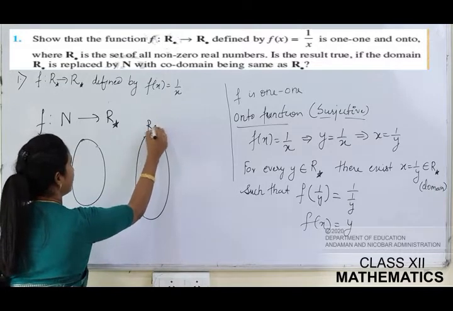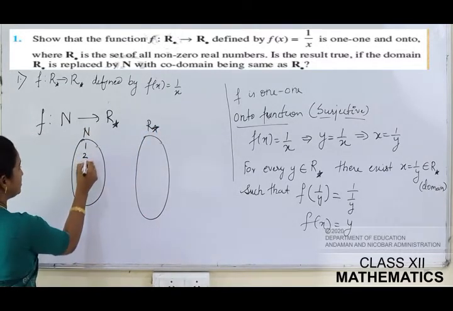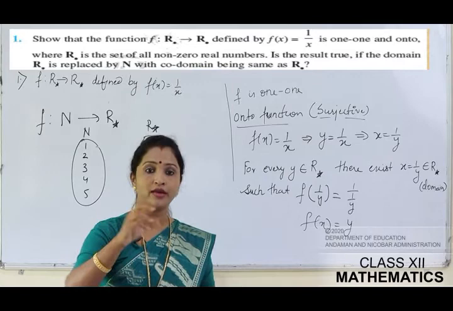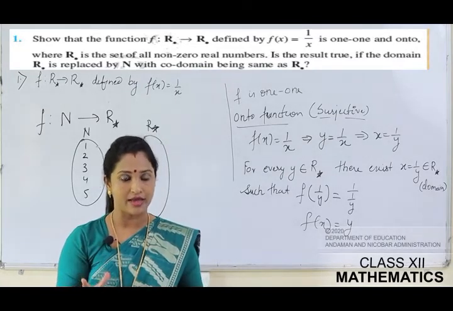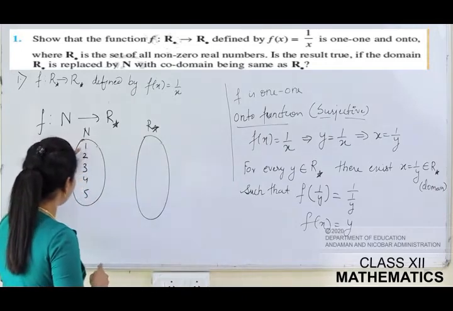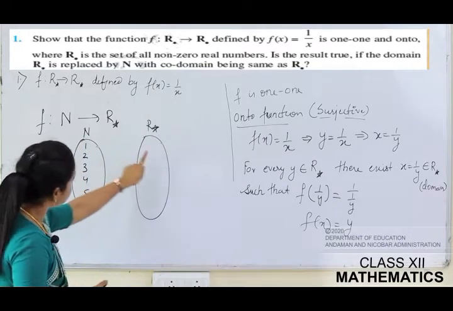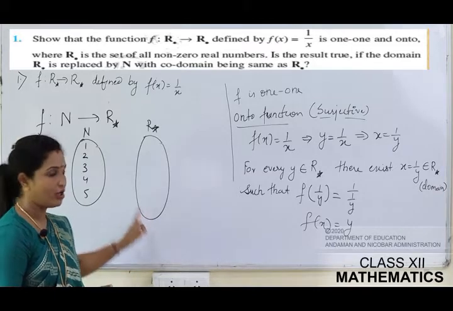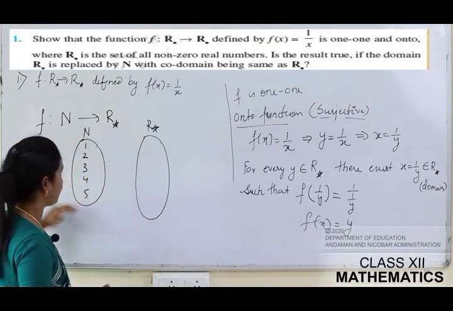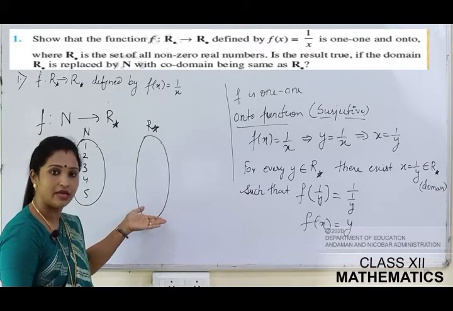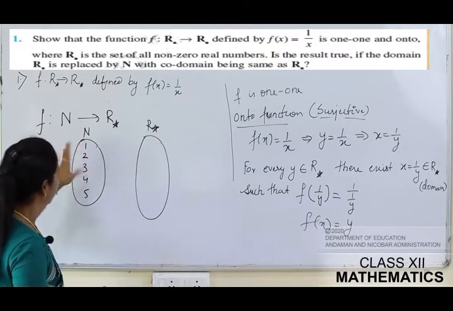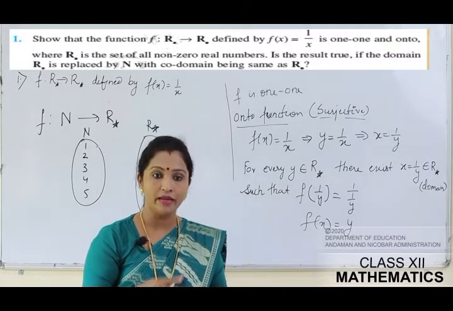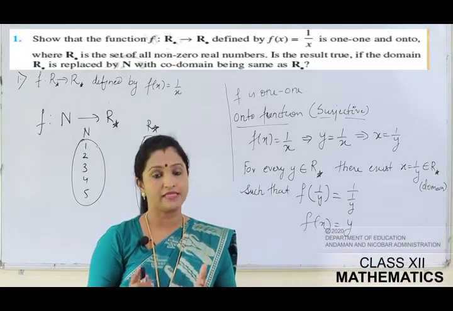This is your R star and this is your N. When you take 1, 2, 3, 4, 5, 1-to-1 function means each and every element of the domain will have a distinct image. If this condition is there, you can say the function is 1-to-1. So when you put the values here, you will get different images for all the elements. So this is 1-to-1, because we only have to look at the domain. Whatever natural numbers there are, their images will definitely be in real numbers, and they will all be different. So we can say that when you replace the domain by N, the result will be the same, the function is 1-to-1.